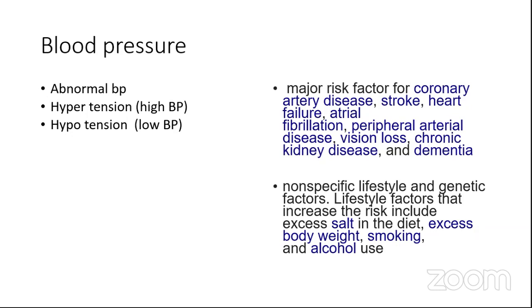Abnormal blood pressure has two forms here. One is high BP, another one is low BP. Technically, high BP is termed hypertension. Low BP is termed hypotension. Two things here. On the right side, why does this blood pressure occur?